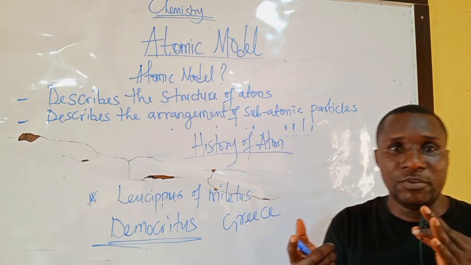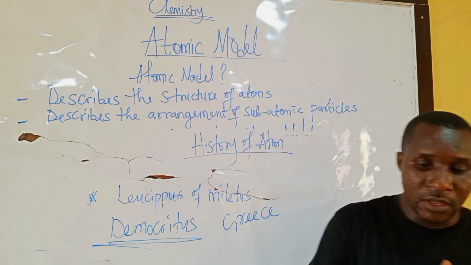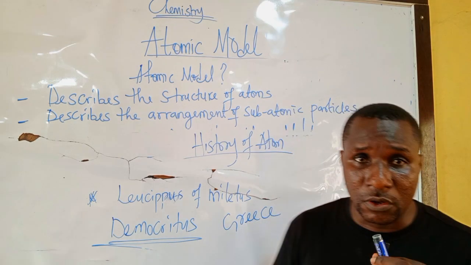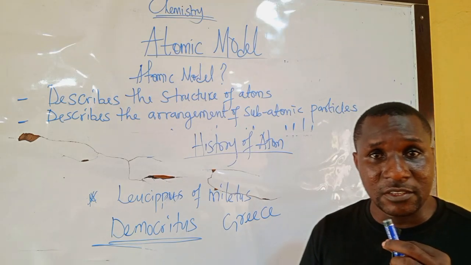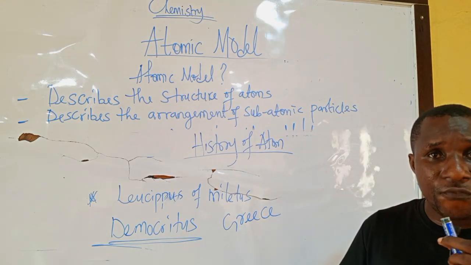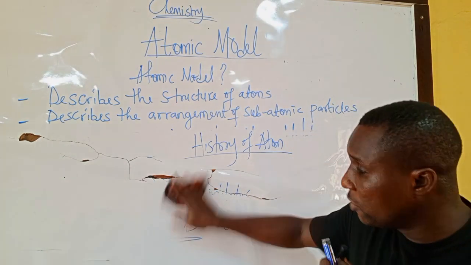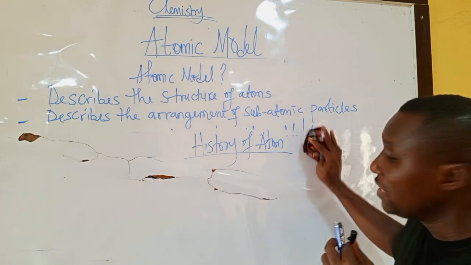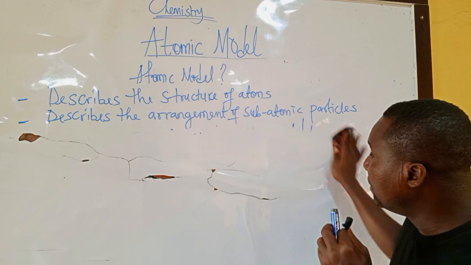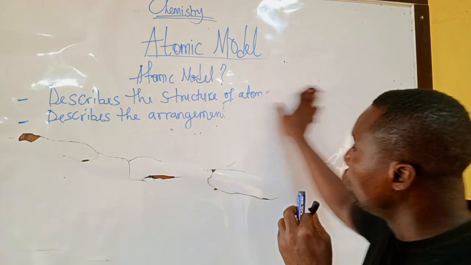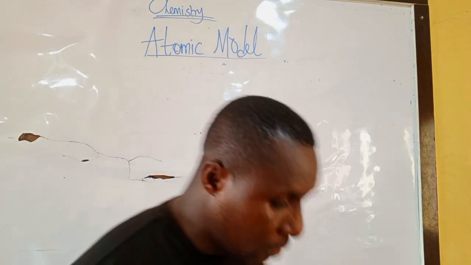But he could not establish that scientifically until an English scientist came, who is known as father of atom. Jamb student, take note. Waec student, take note. Jupeb student, take note. The father of atom is known as John Dalton, because he was able to explain that scientifically. Father of atom, John Dalton.